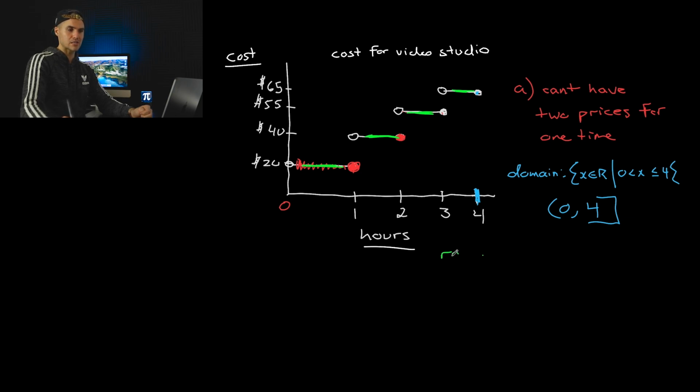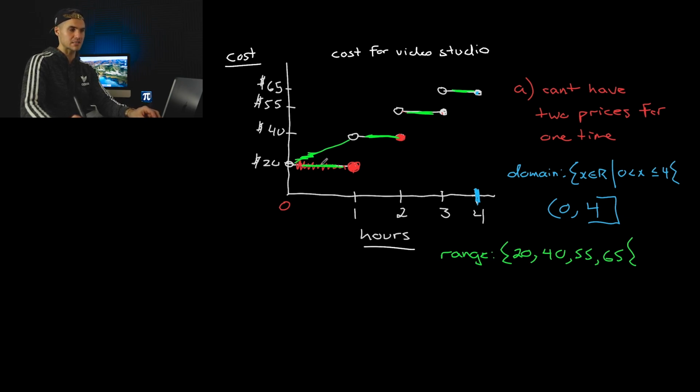And so the range, the way we would state it, is we would just write out those prices: 20, 40, 55, and 65. That's what the range is going to be. Notice that we're not writing y as a real number here, because it's not like a linear function. There are no multiple prices between $20 and $40.